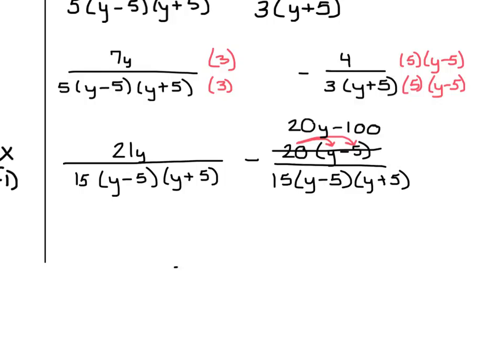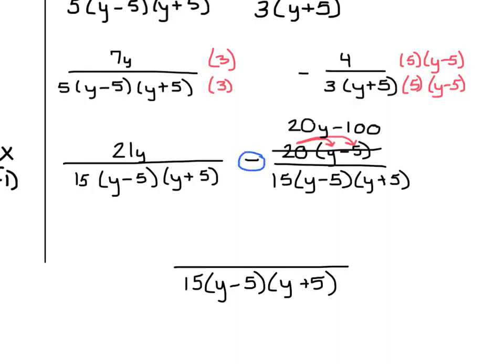So, last step is to put it into one fraction. I know my denominator: 15 times y minus 5 times y plus 5. Watch out here, because this is the difference between addition and subtraction. This minus sign goes with the 20 and with the minus 100.